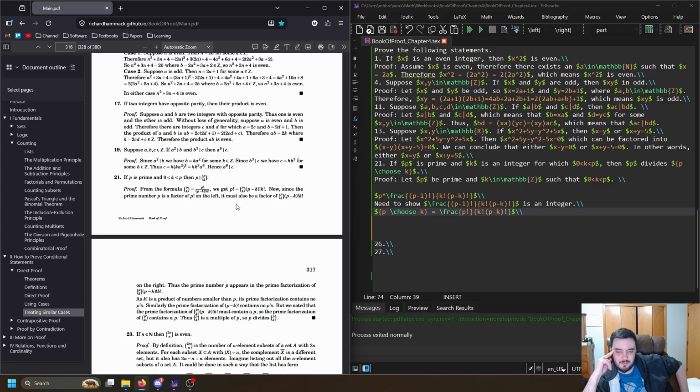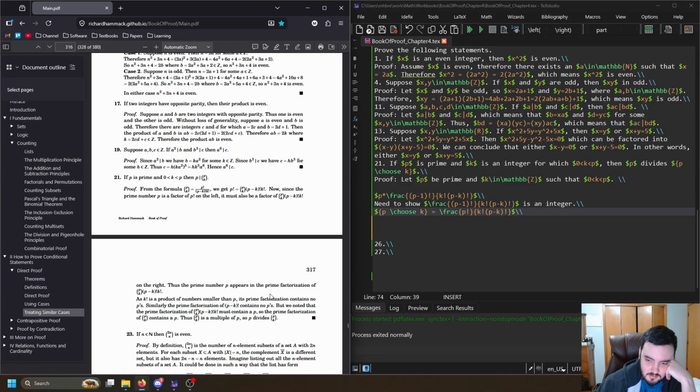Similarly, the prime factor... Why? Why can you conclude that? Wait. Hold on. You can't just say that. How did you get that? Oh, because P minus K is less than P, because K is greater than 0. Yes.